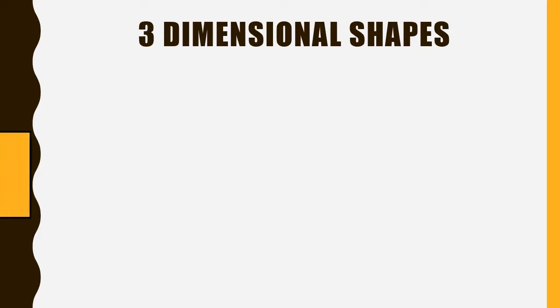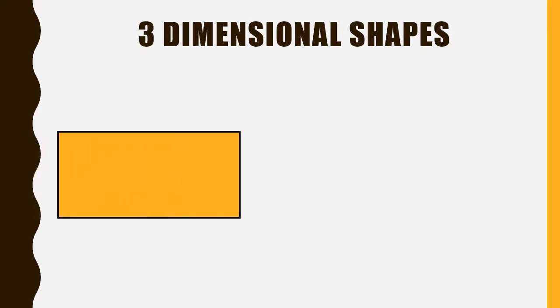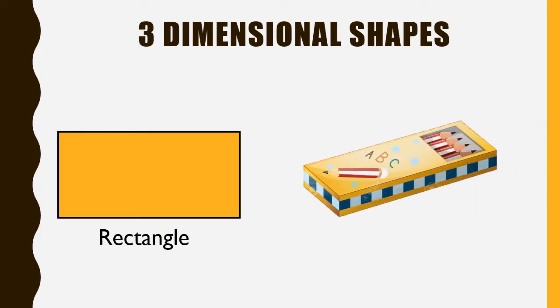Children, what is this shape? We have already learnt about it. Yes, it's a rectangle. Now let me show you an object which is similar to this rectangle. What is this? It's a pencil box. Now what is the shape of this pencil box?